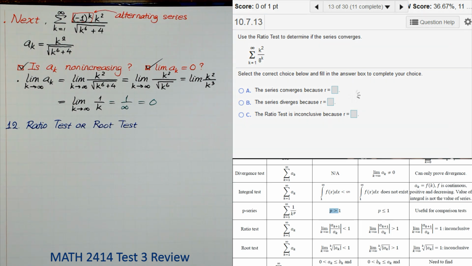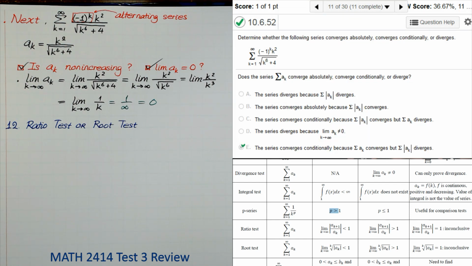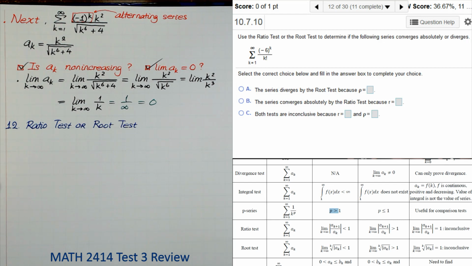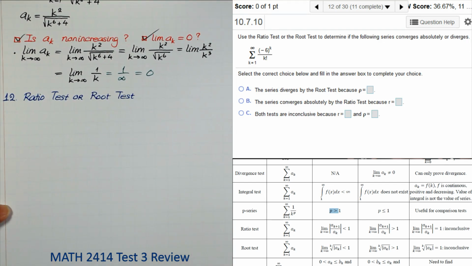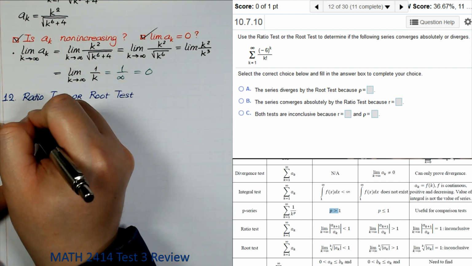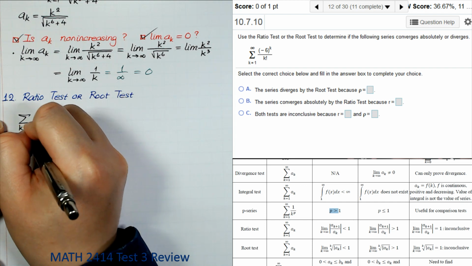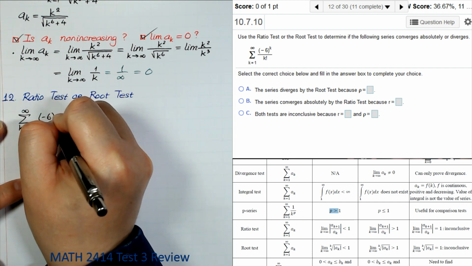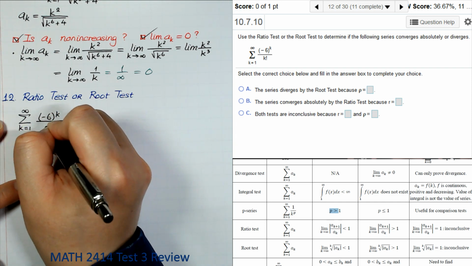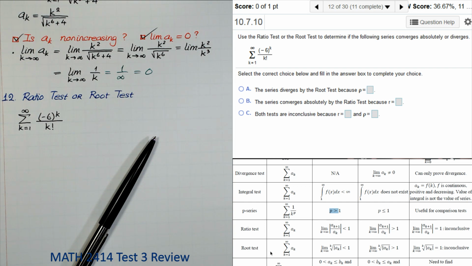But the ratio test is a lot more versatile. We use it a lot more, not just for this part of the series and the sequence. Right, the ratio test here.